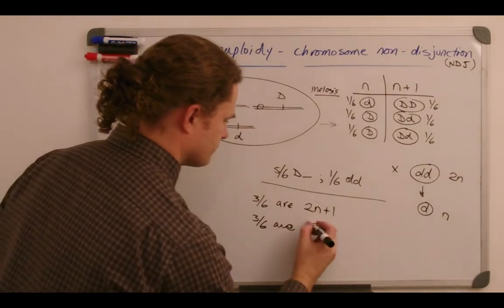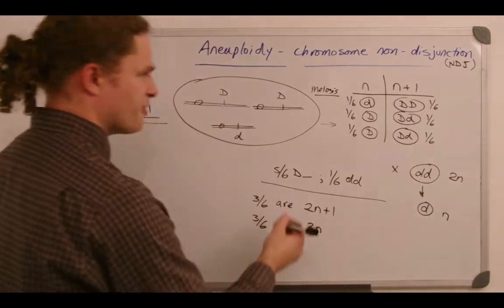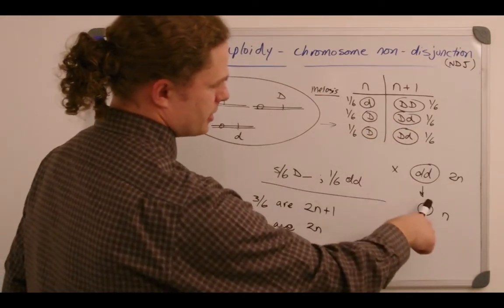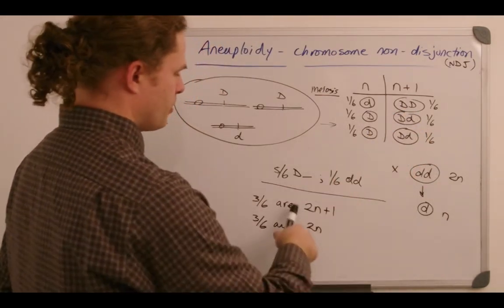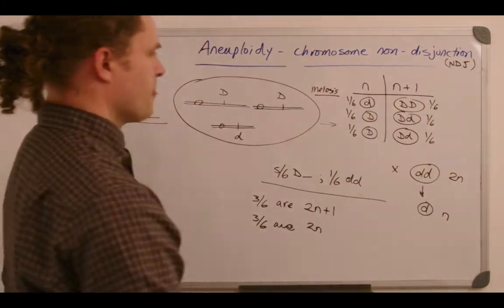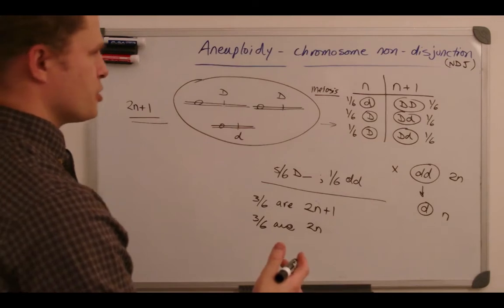So it's a 50-50 mix between 2n plus 1 progeny, taking this little d and fusing it with these, or simply taking the n gametes and fusing them with this. And you could do a full breakdown of the different genotypes.